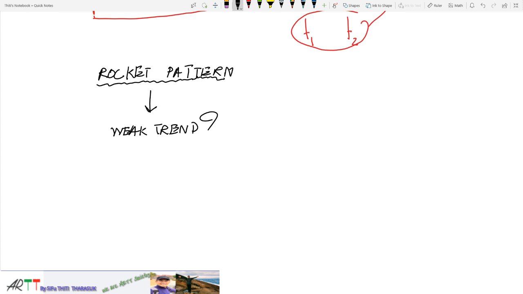Yes, you may find some problem, because when we mention weak trend, that means low chance to move. But this weak trend is different. This weak trend we call fake weak trend.